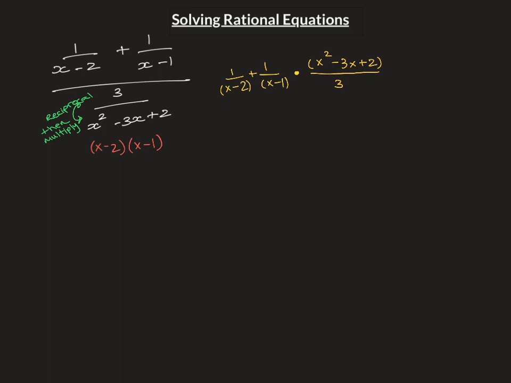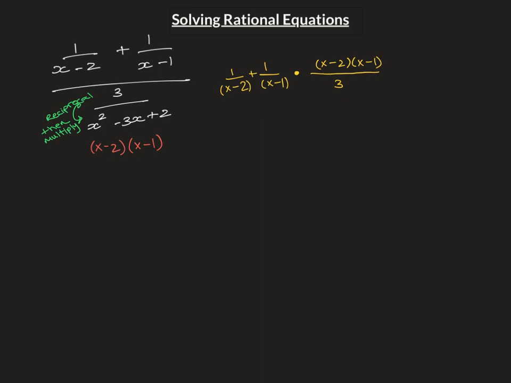Now remember, we won't write this x squared minus 3x plus 2. Instead, what we can write is our factors, x minus 2 and x minus 1. This makes it a lot easier when you're solving.